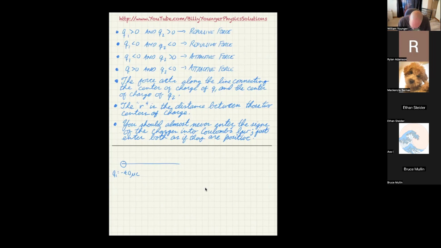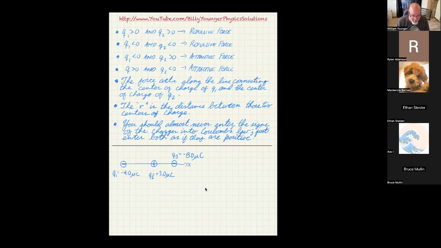Then right here is going to be a positive charge, Q2 is equal to positive 3.0 microcoulombs. And then there's going to be a charge over here, and that one's negative, Q3 is equal to negative 8.0 microcoulombs. Let's just call this the x-axis for concreteness.